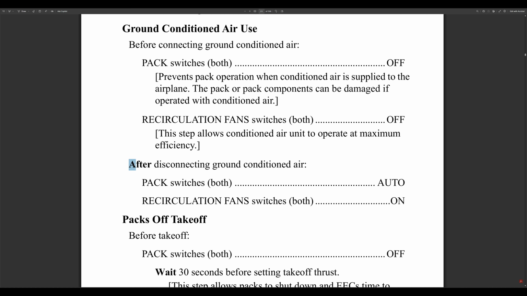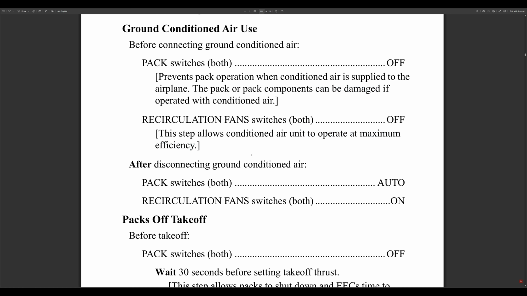Note that Boeing even writes this in bold. So after disconnecting the ground conditioned air, you take the pack switches back to auto and the recirculation fan switches both to on. The pack switch is a must because the packs can be damaged, and the recirculation fans are to operate at maximum efficiency.